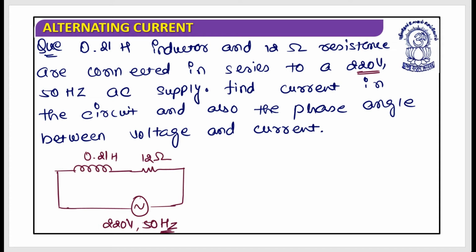If they had not given me the RMS, I would need to first convert it and then proceed. So first I need to find the current. It's Vm by Z. So how will Z be available?